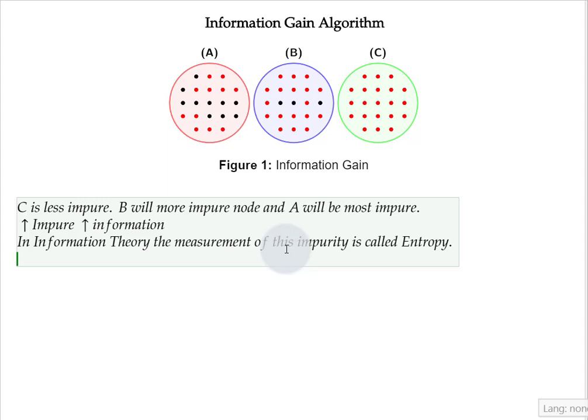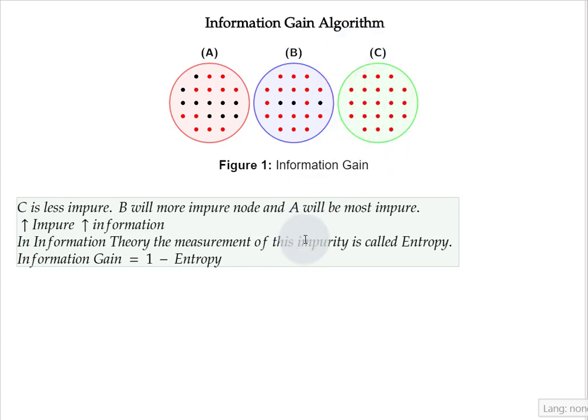So we just established the fact about information gain and entropy. If we calculate the entropy for a particular distribution, the more the entropy, the more impure that particular node will be. That means that node will not be homogeneous at all.